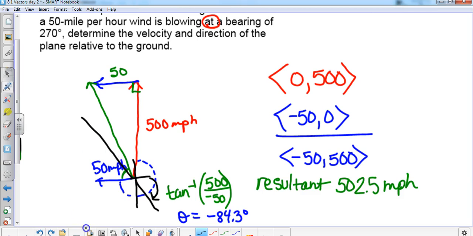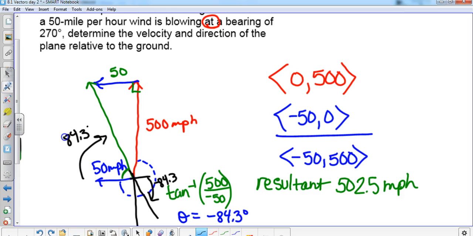Whoa, bad drawing. Let me try that again. It thinks we're down here, 84.3. The calculator has misinformed us. We're actually up this way, 84.3. So do you want to use that number and say off of west? Or would you rather talk about this angle in here?